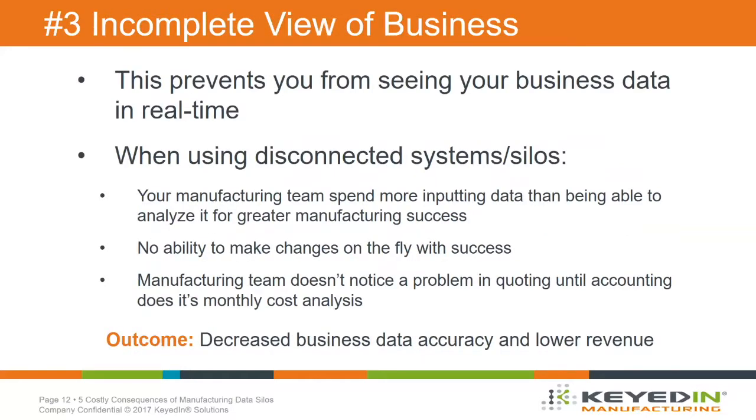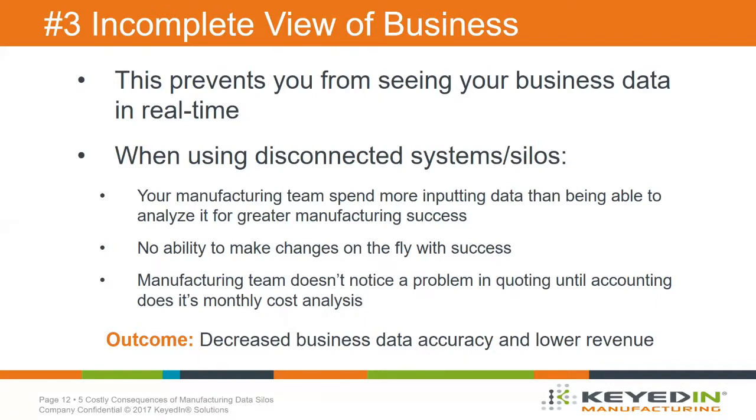A third thing very often that you'll see is disjointed or incomplete views of the business. When you have these disconnected and separate data silos, again, very often you're seeing that your manufacturing team or your employees are spending more time inputting data into all of these different systems than they are spending analyzing the data, which is obviously much more value add.